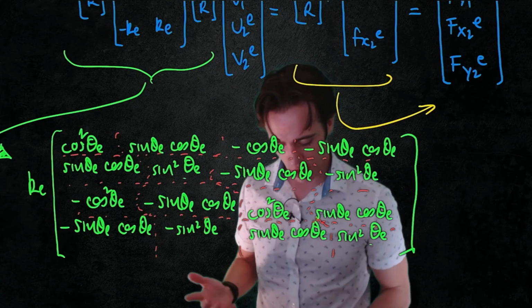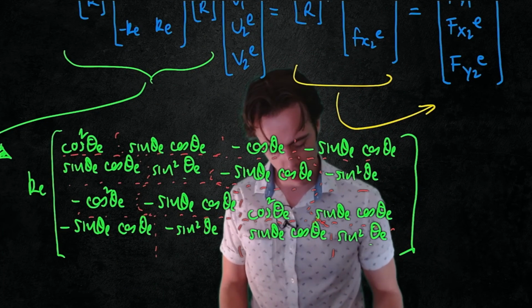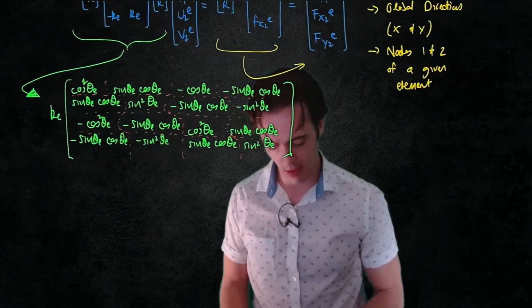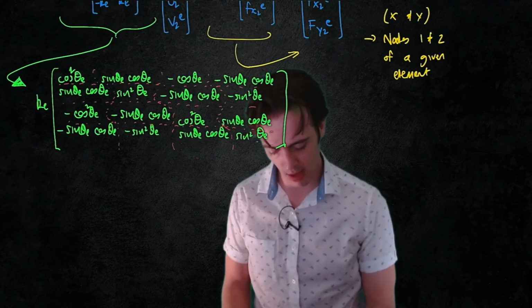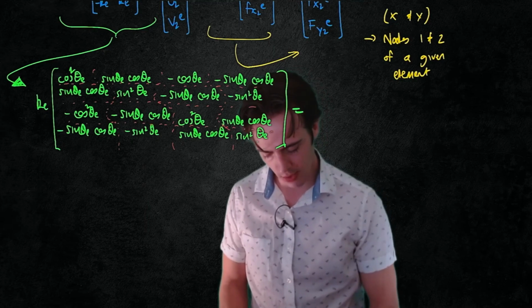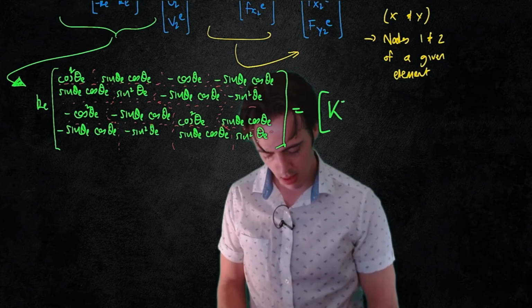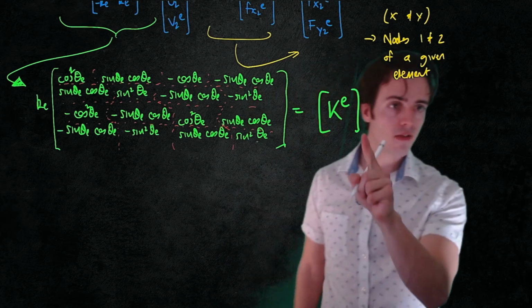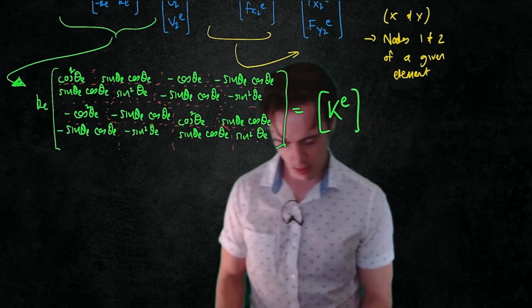Check that you can produce it, check that you understand what we've got and how to produce that, because this is a good test of your ability to do matrix algebra. What we actually have produced here is the global stiffness matrix for a single element.